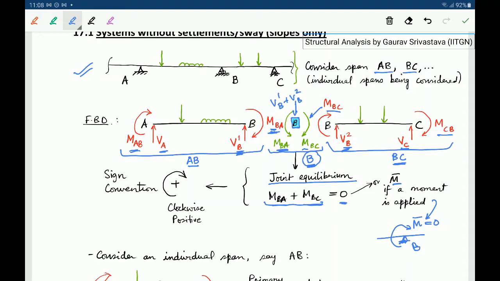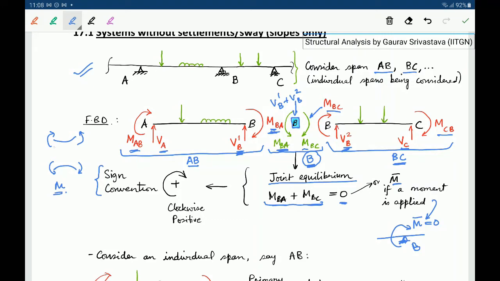Now in this case, since we will be dealing with equilibrium of a joint, we need to define a related but somewhat different sign convention for moments. For the members, we had been defining that if it is a sagging shape, this is the positive sign convention, and if the member had a hogging shape, that was the negative sign convention for moments.